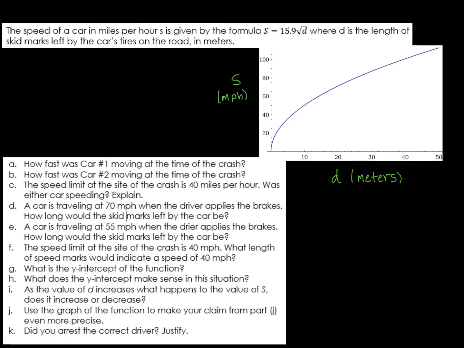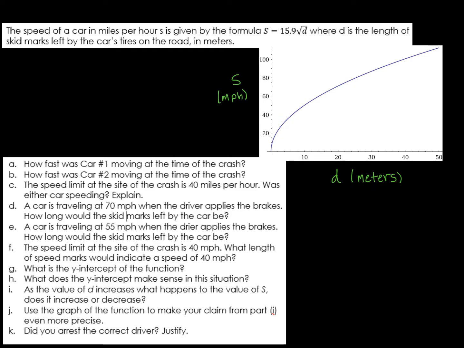Let's take a look at number one, just so you feel super confident using this graph to help you answer these questions. So how fast was car number one moving at the time of the crash? Well, car number one has skid marks that were 4 meters long, and I notice here that each tick mark is counting by 2, so 4 meters would be right here. And if I look up at the value of the graph, it appears to be right here.